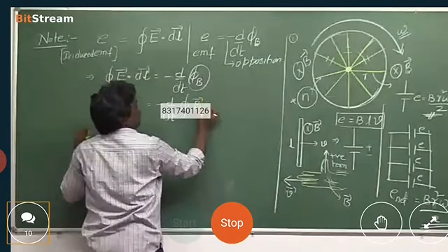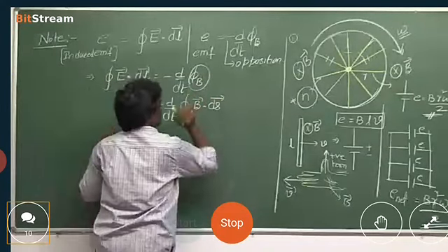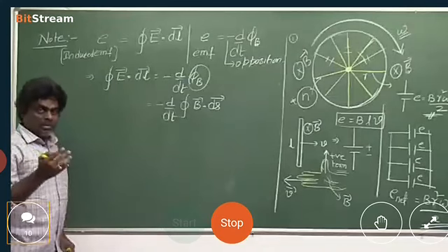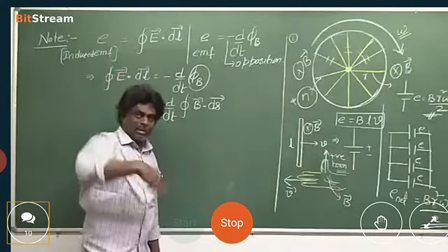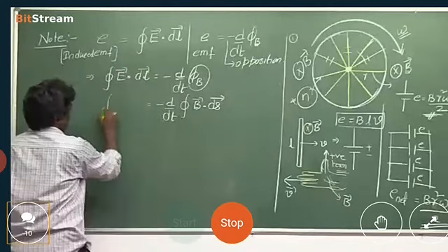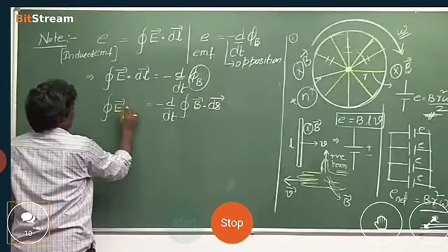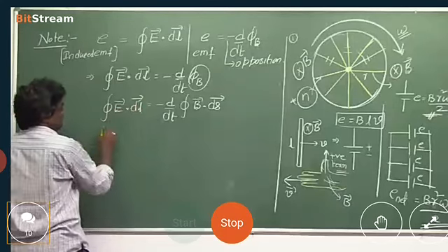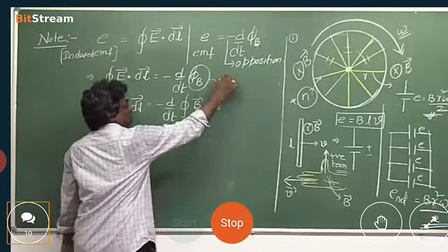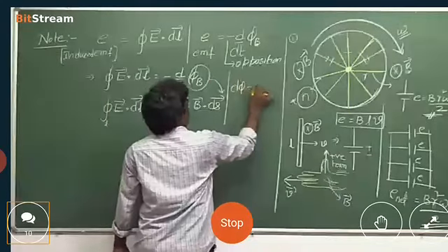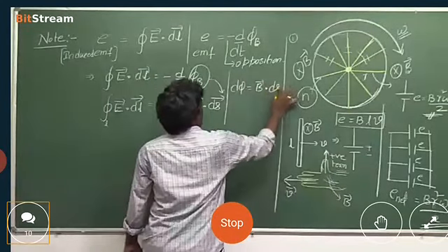Of course, everybody knows B dot ds. I defined already: d phi is equal to B dot ds, and the total is nothing but the integral. And this is E dot dl. This is the line integral and this is a surface integral. Still, if you forget, phi is equal to B dot ds.